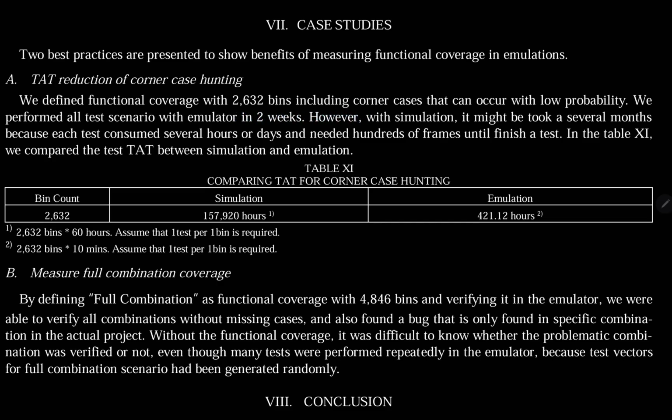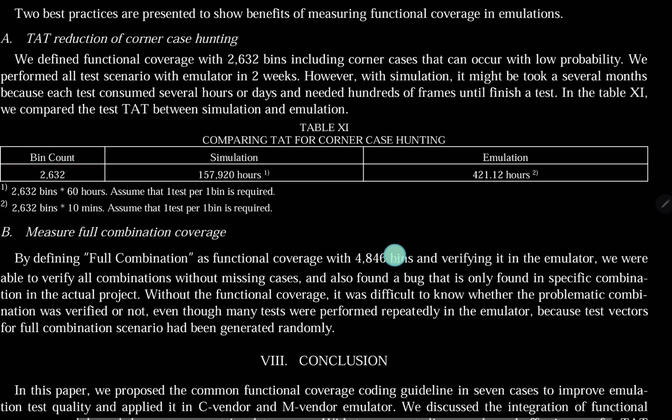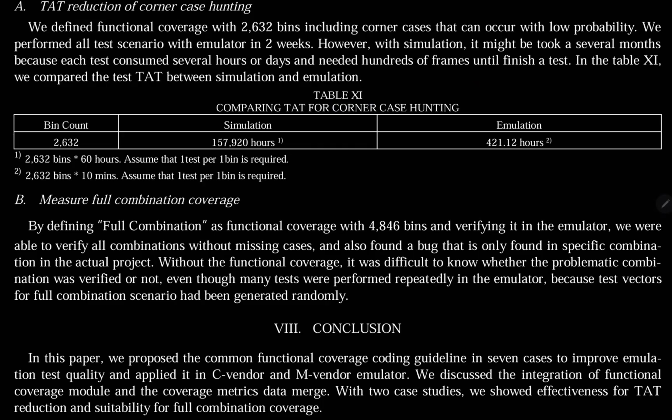However, with simulation, it might take several months because each test case consumed several hours or days and needed hundreds of frames to finish a test. In Table 11, we compare the test TAT between the simulation and emulation. Table 11, comparing TAT for corner case hunting.